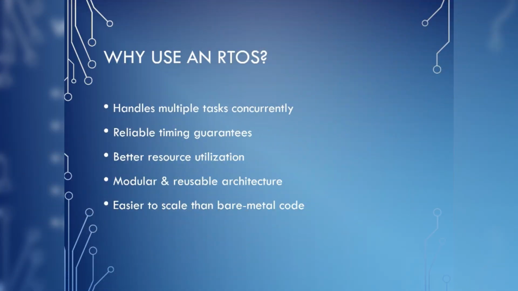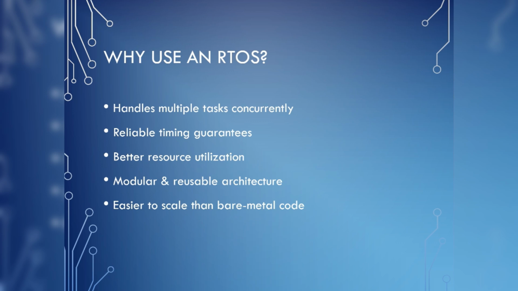Why use an RTOS? So why not just write everything bare metal? Well, bare metal is fine when all you need is a blinking LED or a simple control loop. But the moment your device needs multiple tasks, precise timing, communication stacks, low power efficiency, or networking, that clean bare metal code quickly turns into a tangled maze.